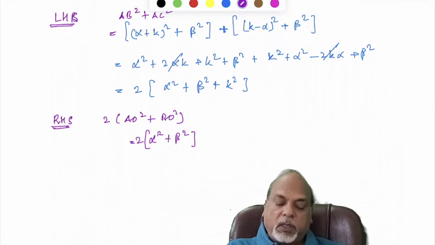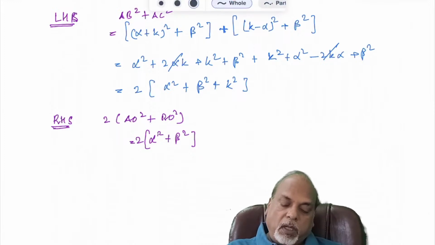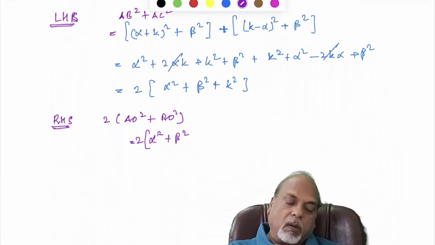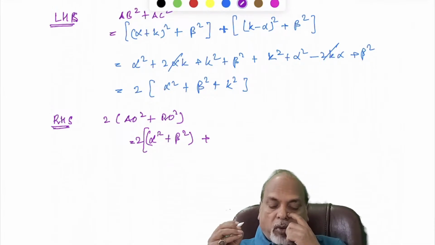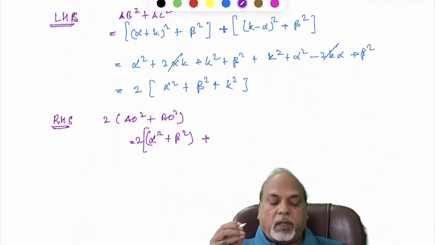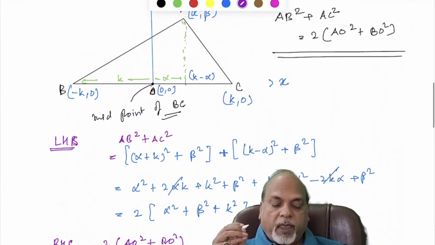And what is here? Actually, let us put the bracket, this and this, plus BO square. BO square is nothing but k square.